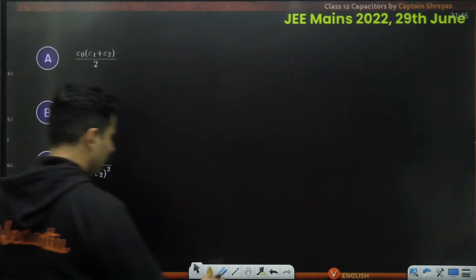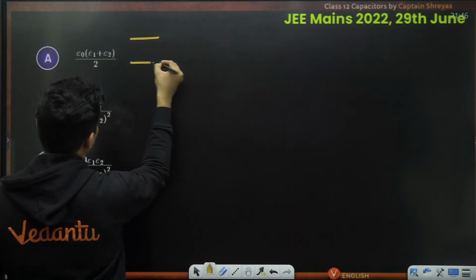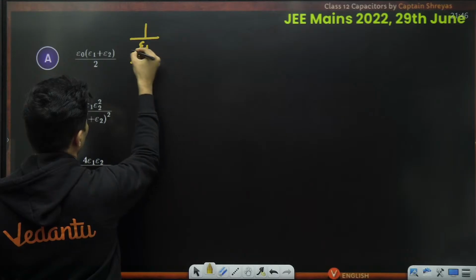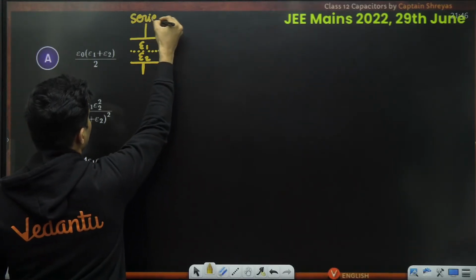First scenario: when you look at it, it looks like this, epsilon 1, epsilon 2, which is a series combination.